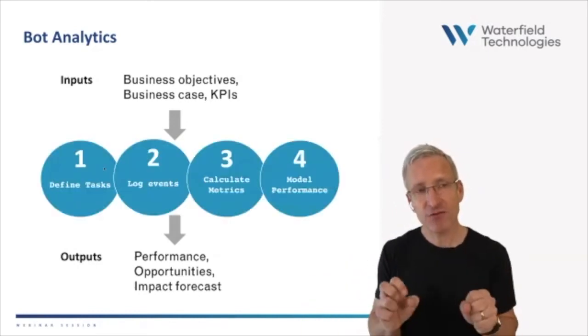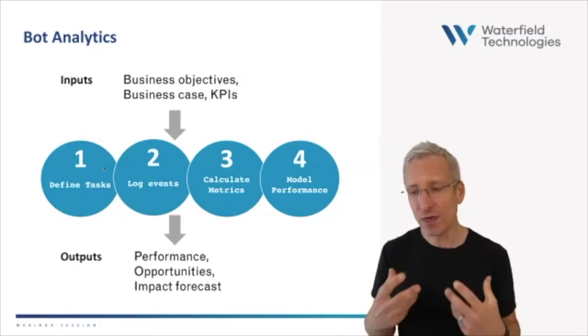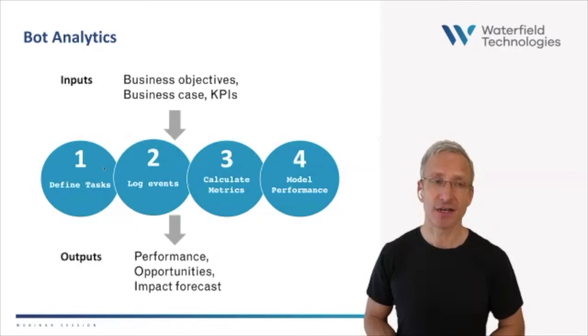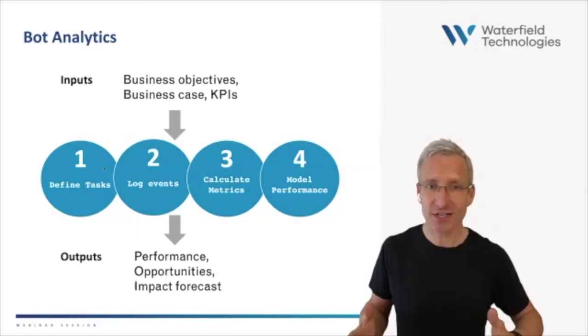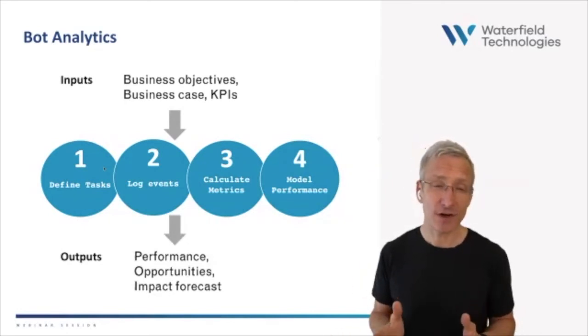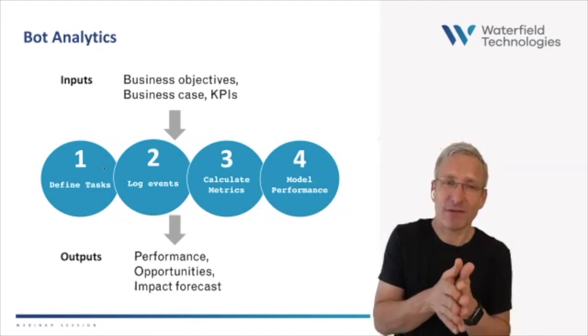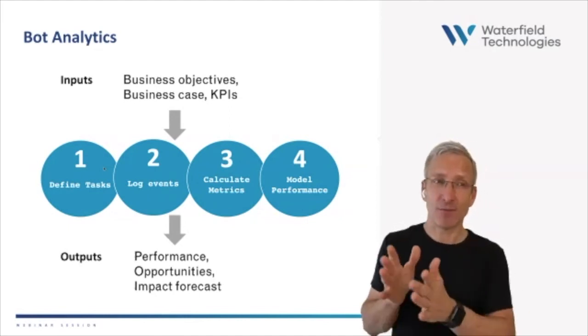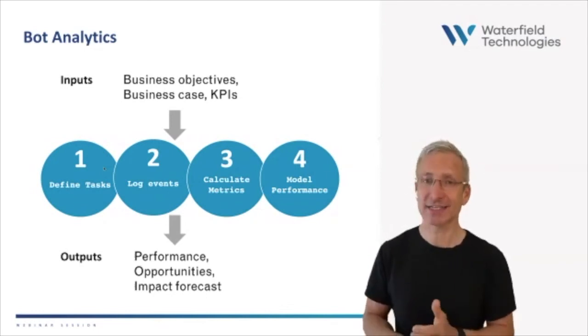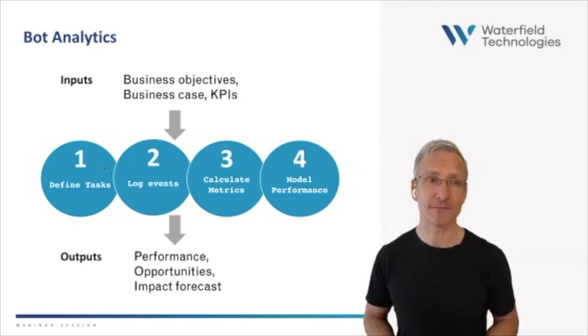And then just to summarize, the tasks you need to do within bot management is, first, you've got to define the tasks. What are the tasks that are important, that deliver value within your business because they save agents time? And how would you define them? What sequence of events is the start of that task, and what sequence of events is the end of that task? And remember, the end can be success, failure, or flow complete.